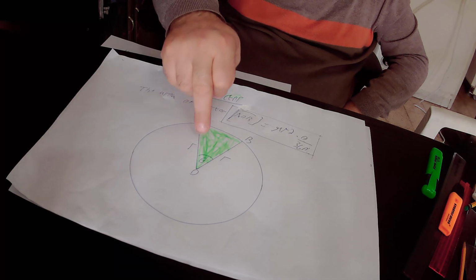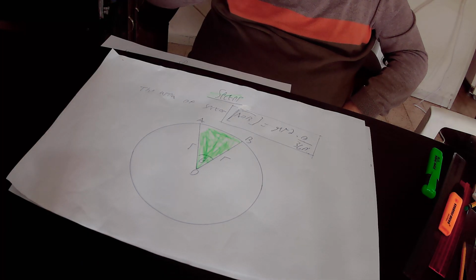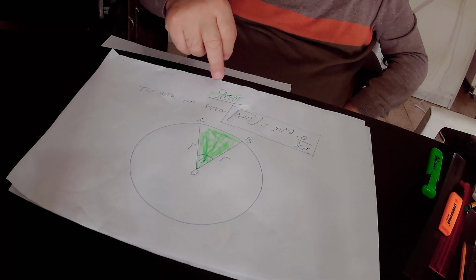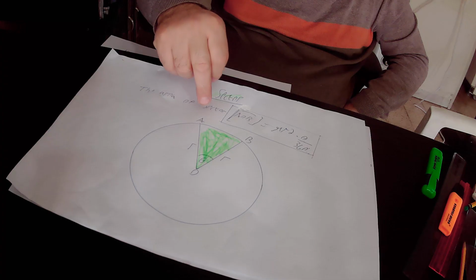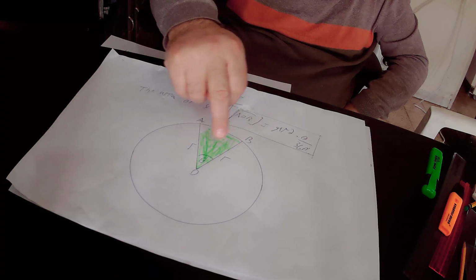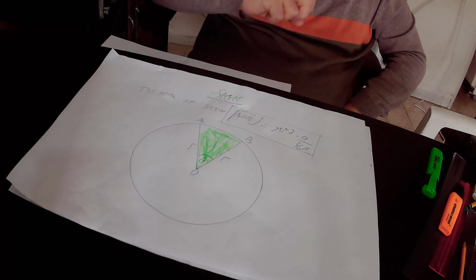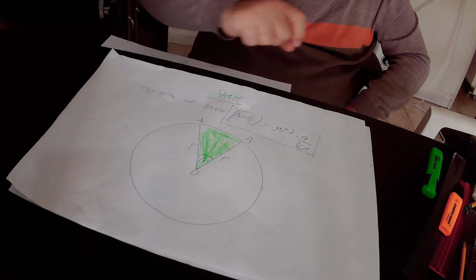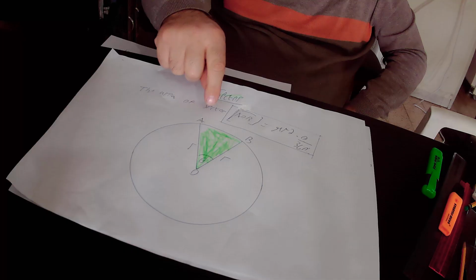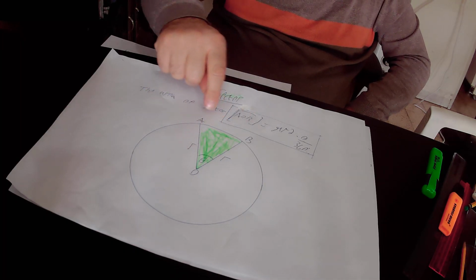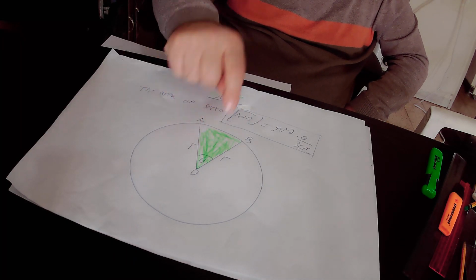The sector consists of 2 legs. The first leg is AO and the second leg is BO. Both of these legs are the radii of the circle, that is R. And the angle between the legs AO and BO of this green sector AOB is theta.